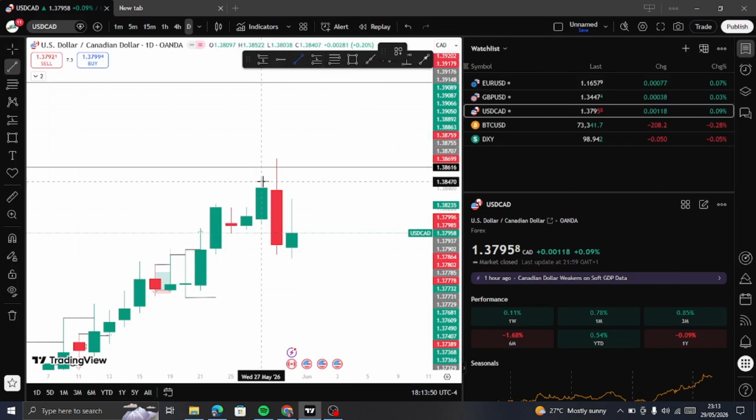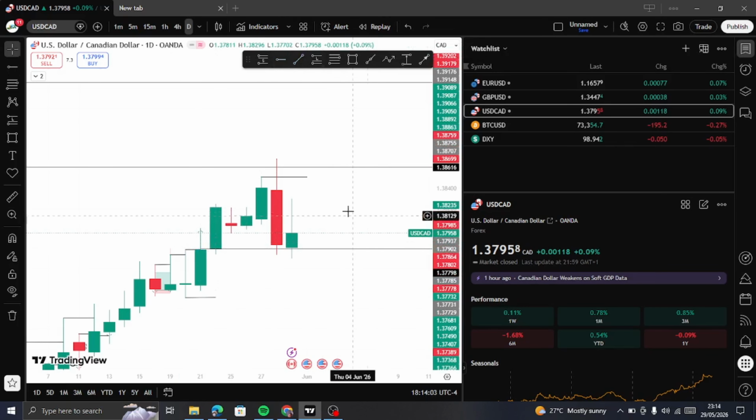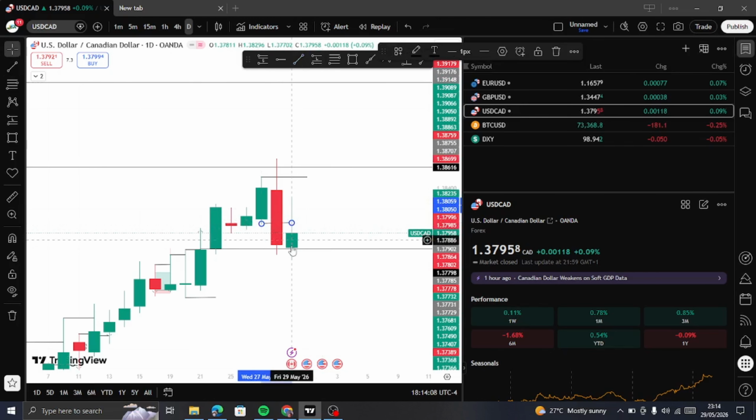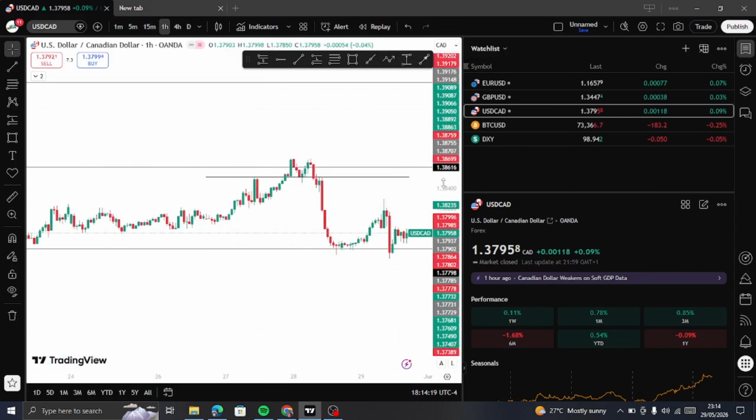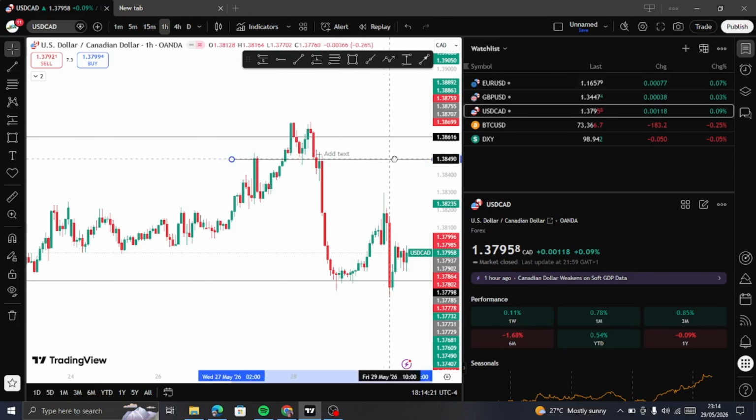So this was a Wednesday candle. What do you see? Guess what we see? Open close key level. This was my first TP, but I know that market will surely come to this open close key level. I went then straight to my 1 hour time frame to refine my entry.